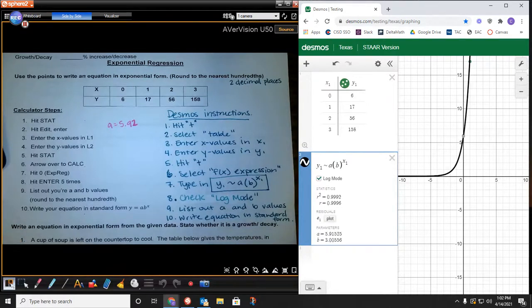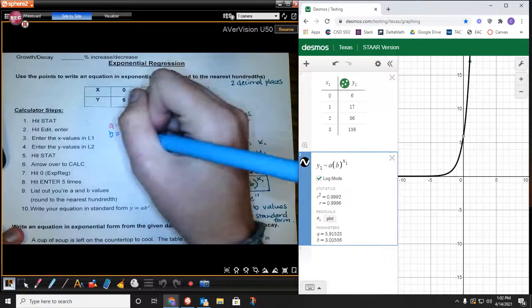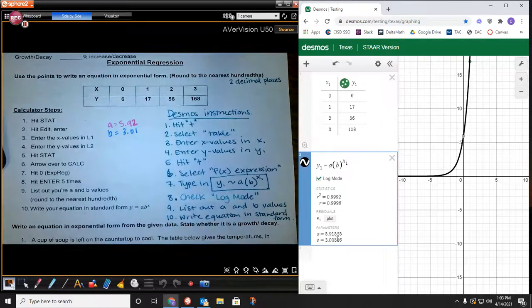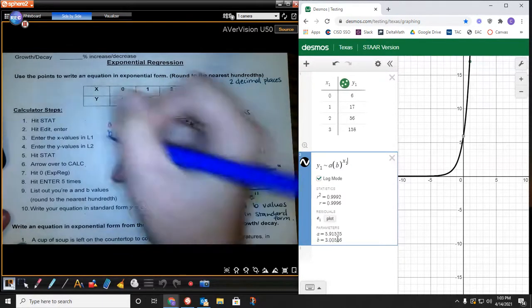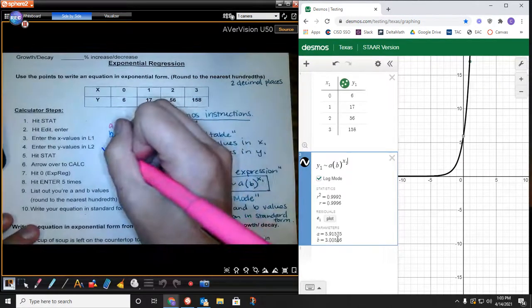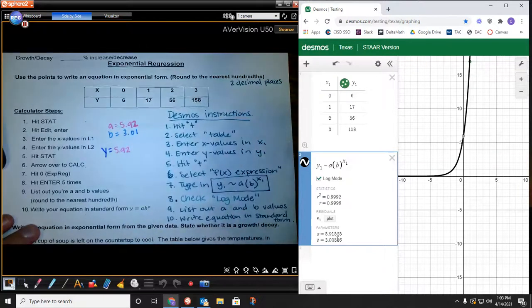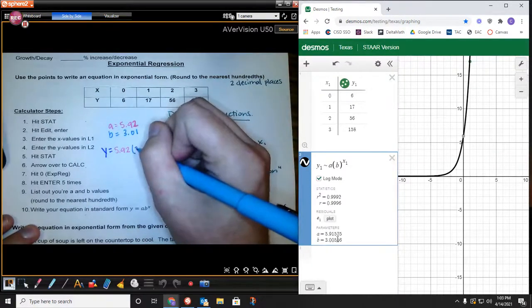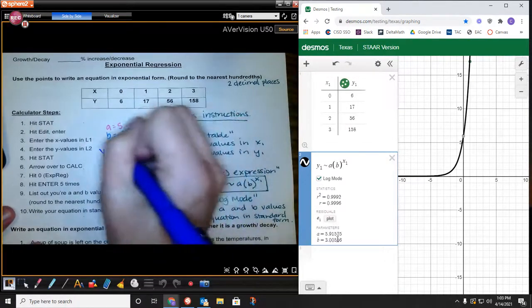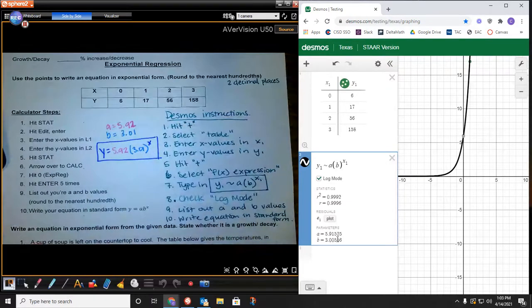And then my b value would be 3.00005, so that's going to round up to 3.01. So now my equation would be y equals 5.92 times 3.01, all raised to the x power. So that is how you find it using Desmos.